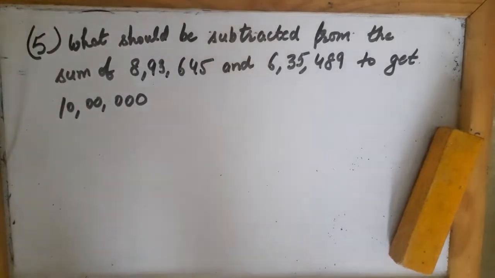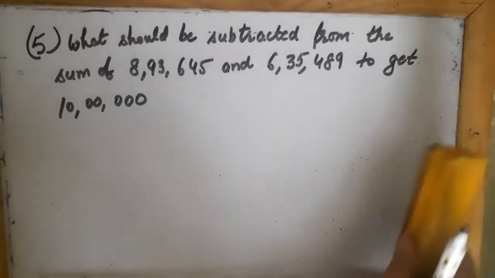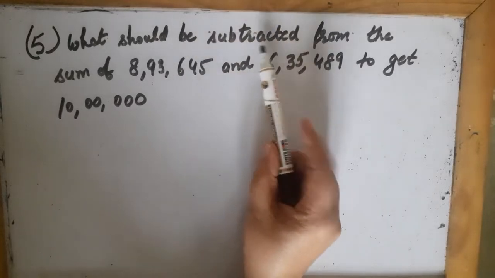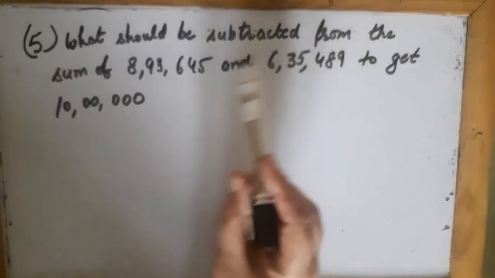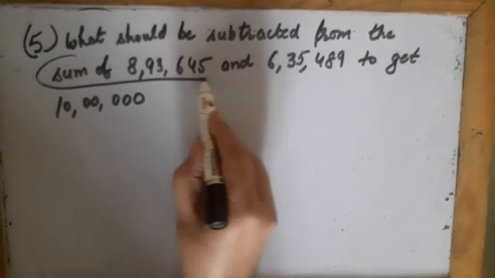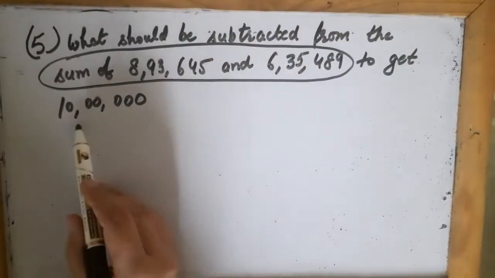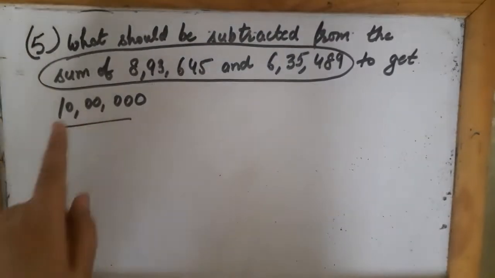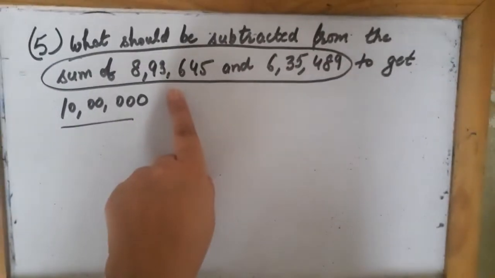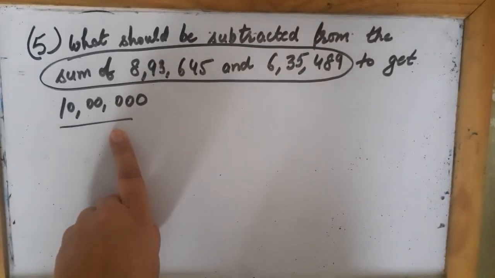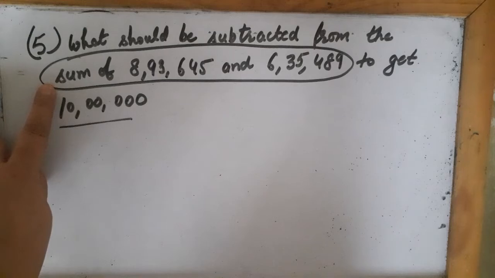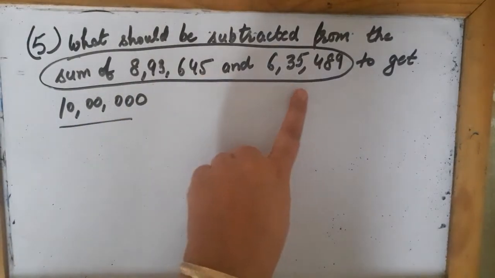Now the fifth question I have written on the board itself. What should be subtracted from the sum of this number and this number to get 10 lakhs? In case some may say, what should I subtract so that I get 10 lakhs? Now I told you what you mean by sum. Sum is the answer that we get when we add two numbers.